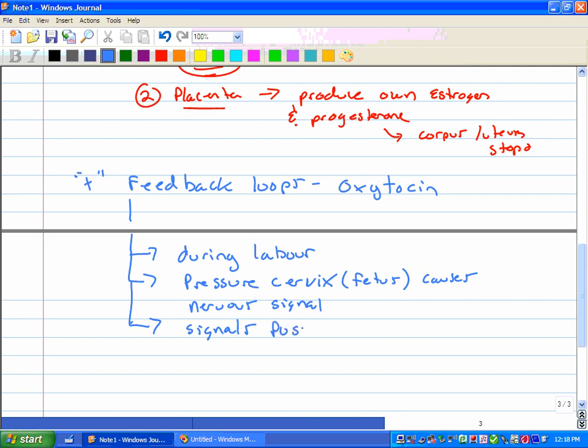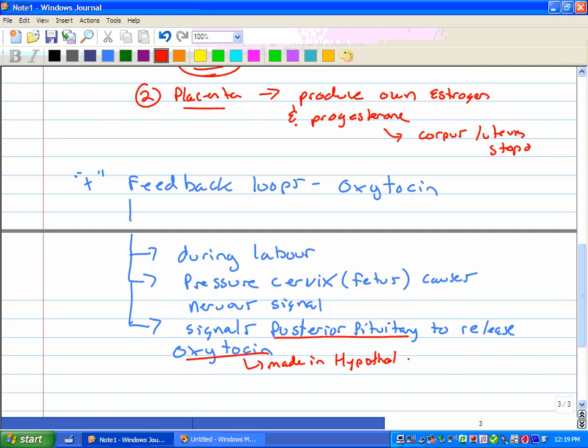The posterior pituitary releases a hormone, oxytocin. Here's a big difference about the posterior pituitary: it's just a holding cell. It doesn't make it. So this is actually made in the hypothalamus. This can be a bit confusing. It's made in the hypothalamus but released by the posterior pituitary.